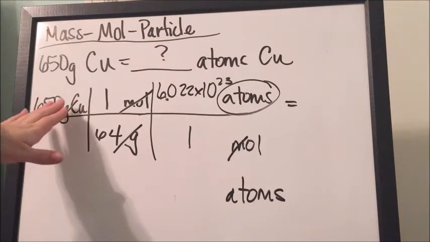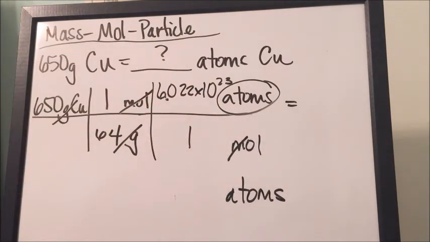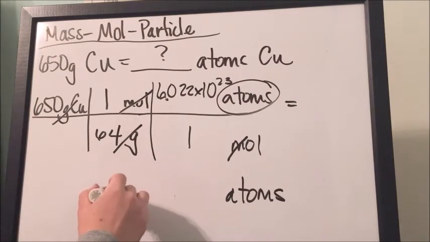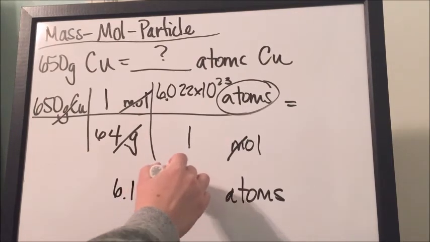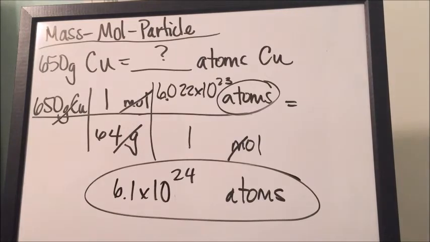You could also do 650 times Avogadro's number and then divide that answer by 64. Either way should give you the same answer. To 2 sig figs, I got 6.1 times 10 to the 24th atoms of copper.